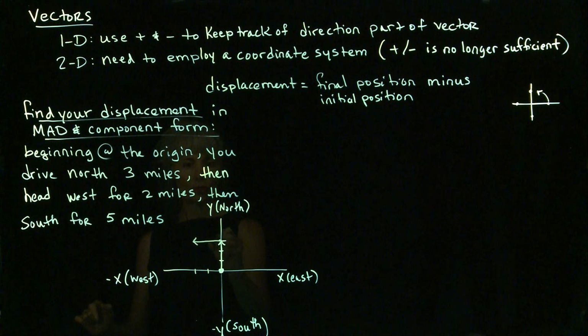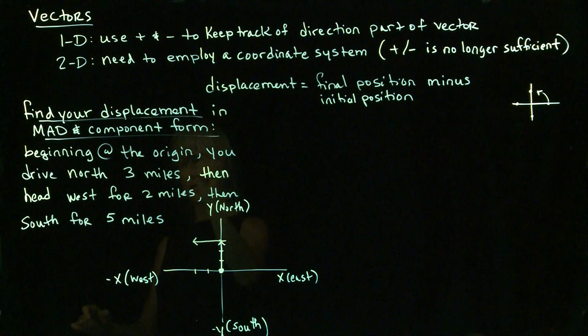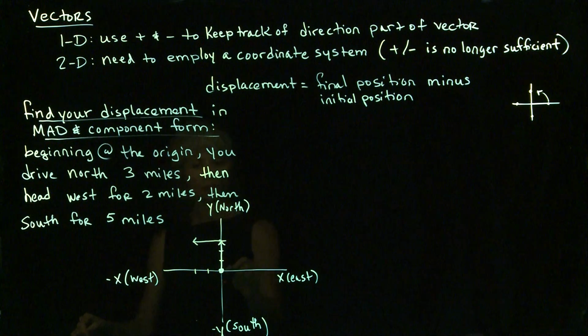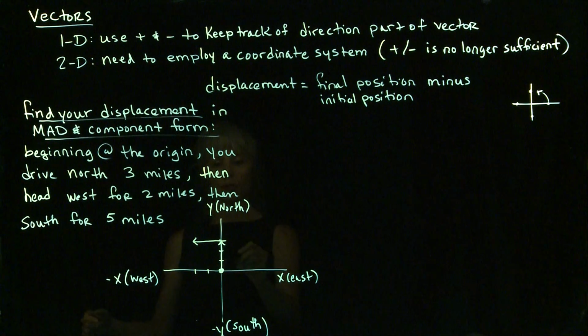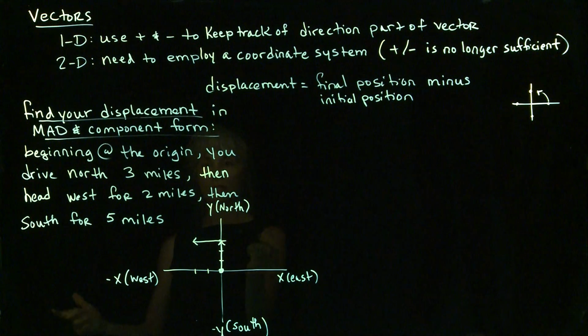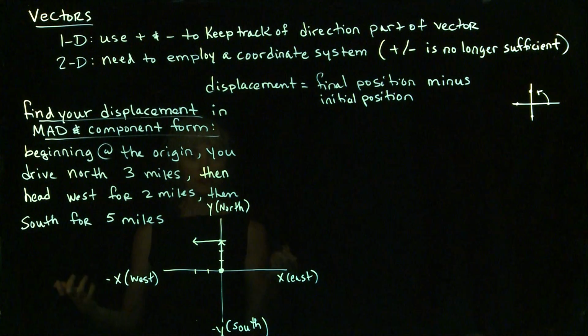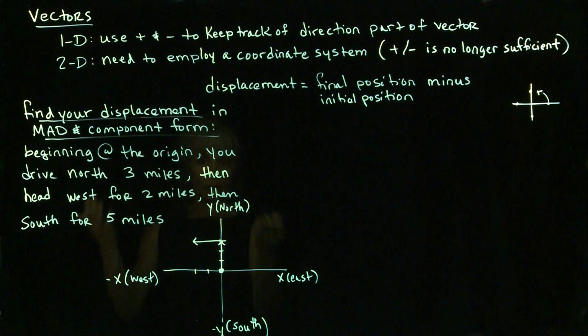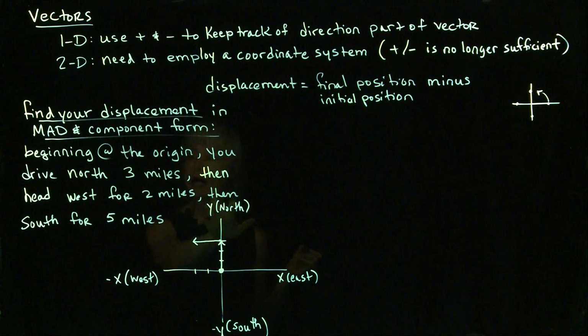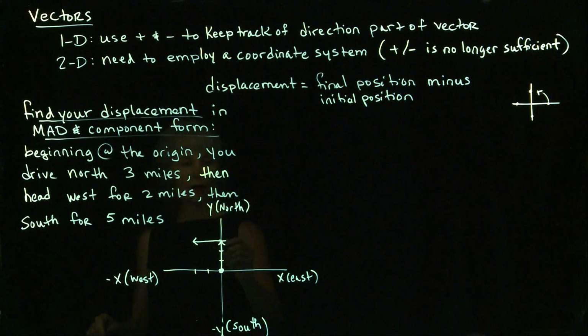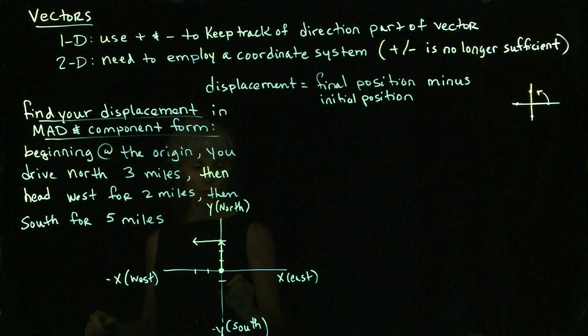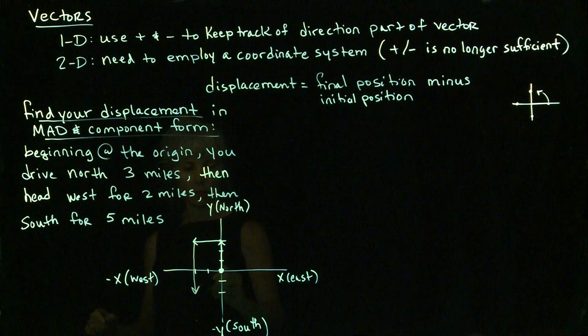Notice how these are tip to tail, right? I'm taking each of these as a separate little displacement, and we'll find our overall displacement, but I can add them all tip to tail graphically, which, remember, with tip to tail I can add as many vectors as I want. And then the last one, we're heading south for 5 miles. So we are going to go south 1, 2, 3, 4, 5 miles, so all the way down here.